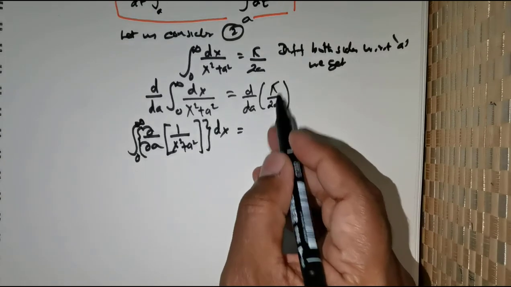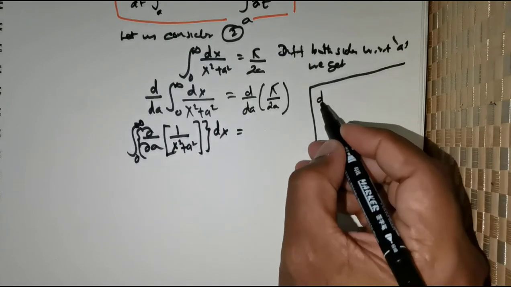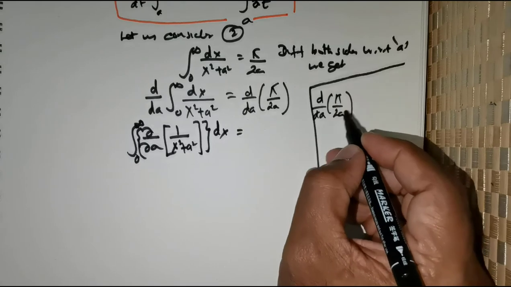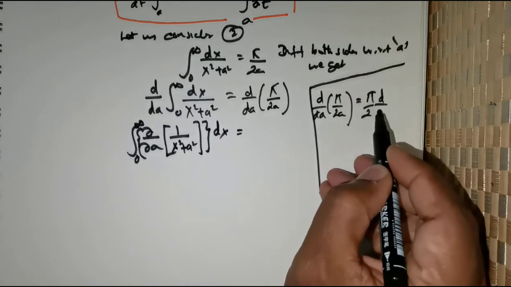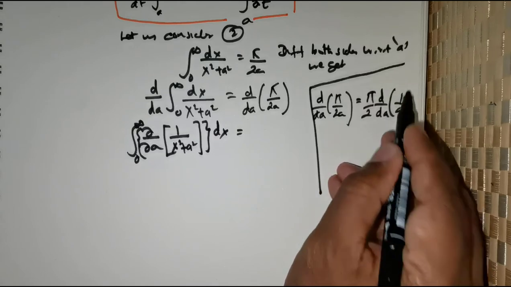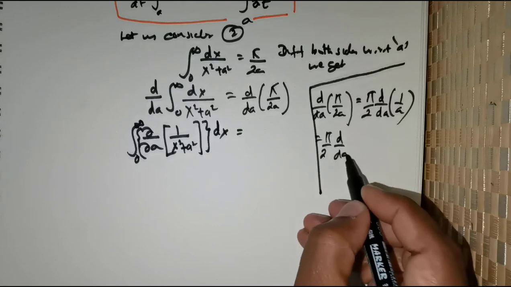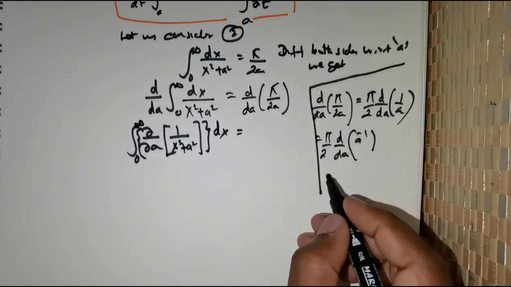Now d over dA of pi over 2a. Let me just show you the working here. Pi is a constant, 2 is a constant, so I can take pi out, I can take 2 out. So I get d over dA of 1 over a. Now I can rewrite this as pi over 2 d over dA of a raised to the power of negative 1.